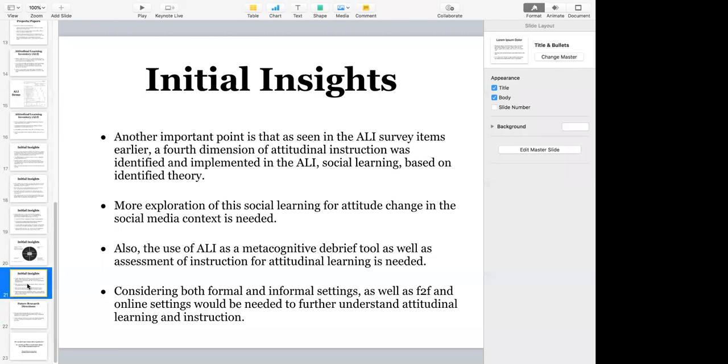Also, the use of OLLI as a metacognitive debrief tool is very important. Thinking about what I've learned during the week or during the month or during the semester, what has it done, not just in terms of what was stated in the syllabus in terms of cognitive and behavioral things, but also, if you really think about it, as a positive attitude forming, as a student, what have I learned and what kind of attitudes have I formed on this topic or on this subject?